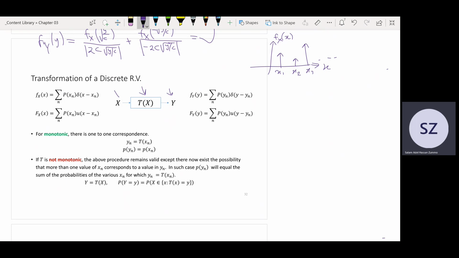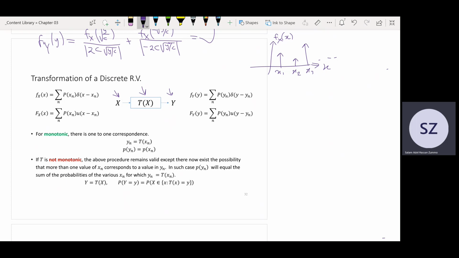A discrete random variable x is described by the probability that x equals x1, the probability that x equals x2, and so on. If I know the probabilities of x1, x2, x3, up to xn, then I know everything about the PDF of x. So y will also be discrete. I'm interested in finding the probability that y equals y1, y2, and so on.